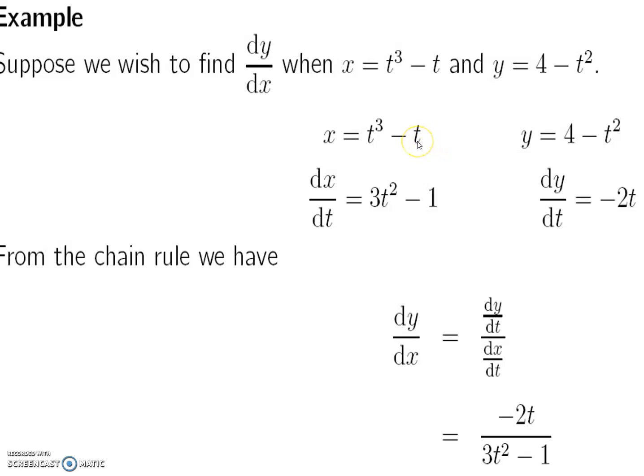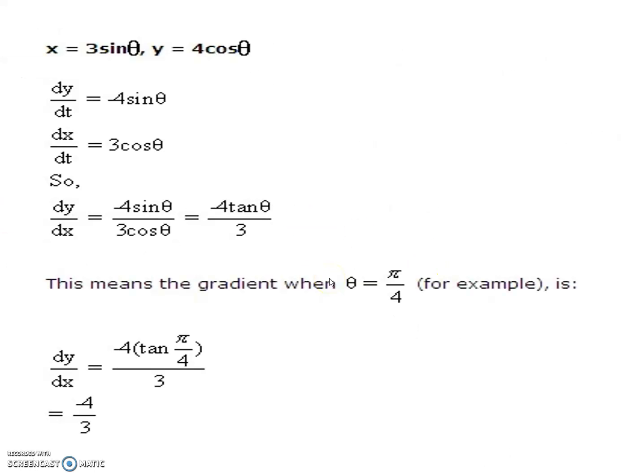The derivative of t is 1. For y is equal to 4 minus t square, the derivative of 4 is 0, and the derivative of t square is minus 2t. Therefore, from the chain rule, dy by dx is dy by dt upon dx by dt. So minus 2t upon 3t square minus 1 is the final answer.